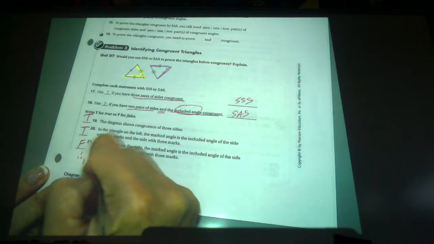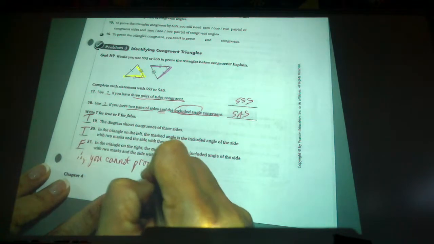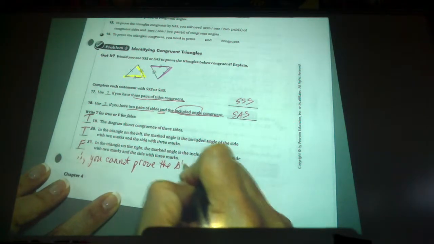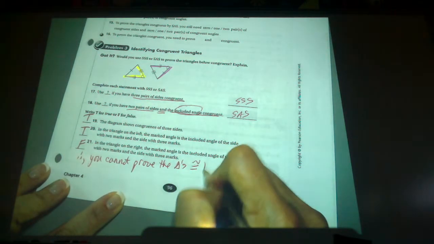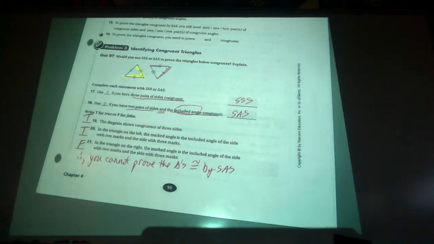That one's false. So therefore, you cannot prove the triangles congruent by SAS in this case. Not with what they've given you and what you know at this point.